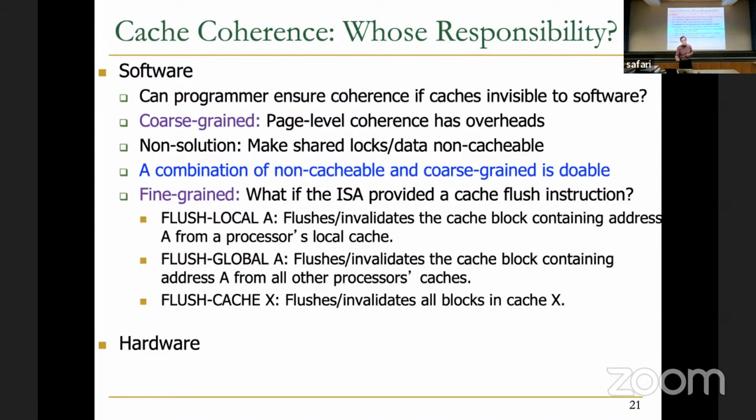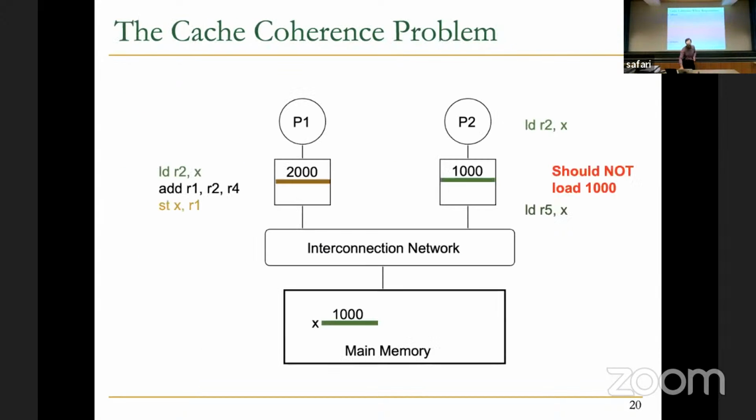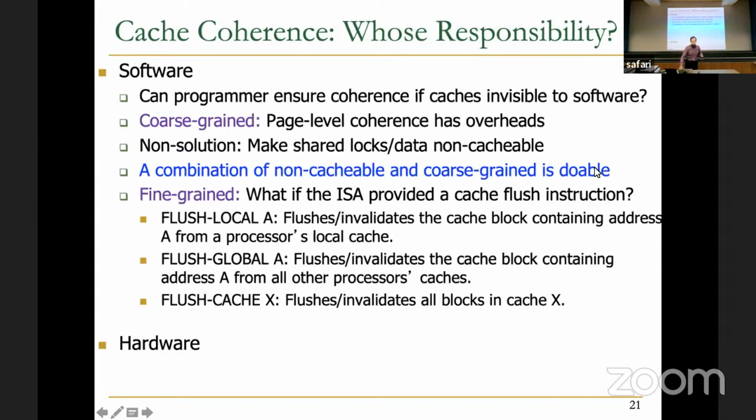Now, if you wanted to go fine-grained, meaning I don't want to lock pages, I want to lock cache blocks, let's say. And I want to ensure that the cache blocks are properly flushed and invalidated using software so that this poor processor doesn't load 1000. Now you need to think about instructions like flush local, for example.